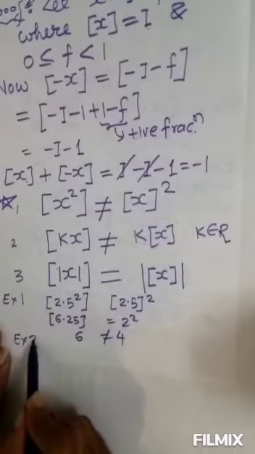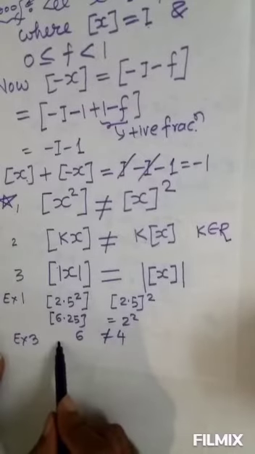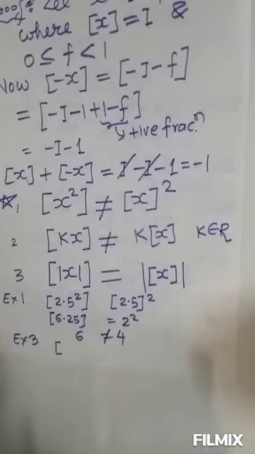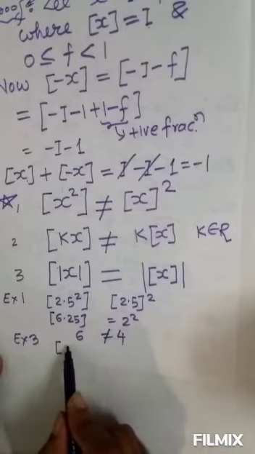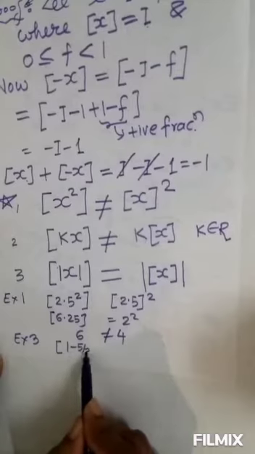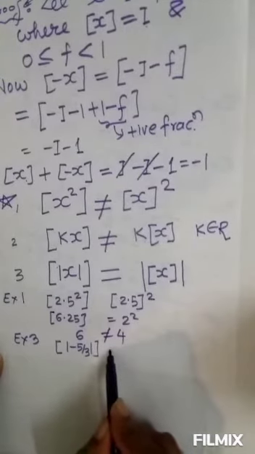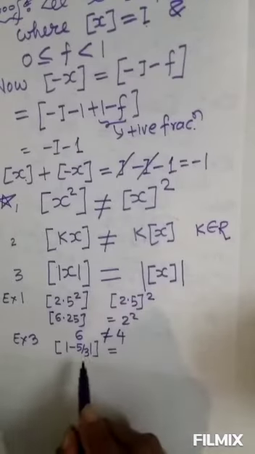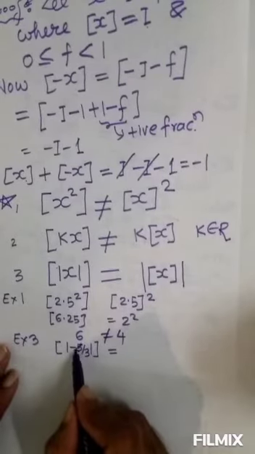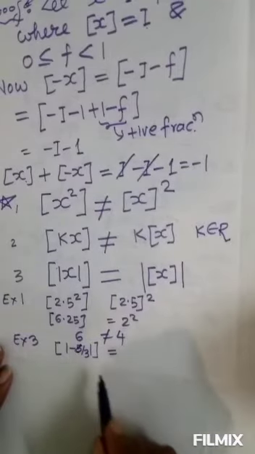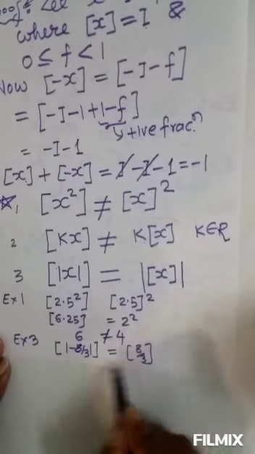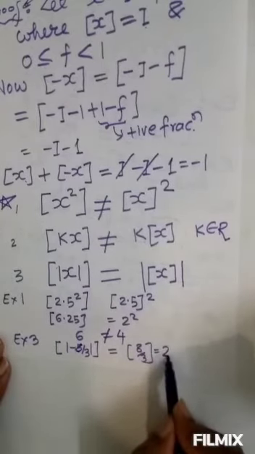For the third also we can take some example, like x equals minus 5 by 3, or minus 8 by 3 if we take. Minus 8 by 3, what will we get here? The modulus gives plus 8 by 3, whose greatest integer is 2.